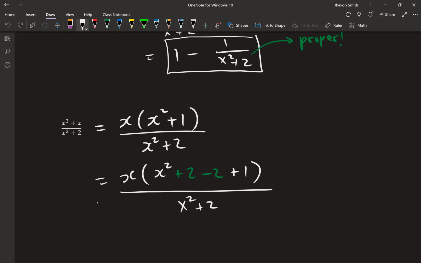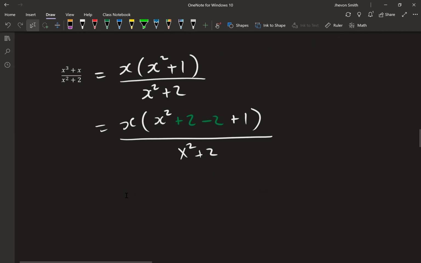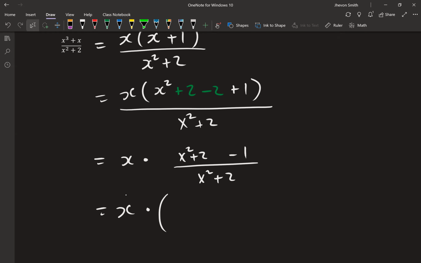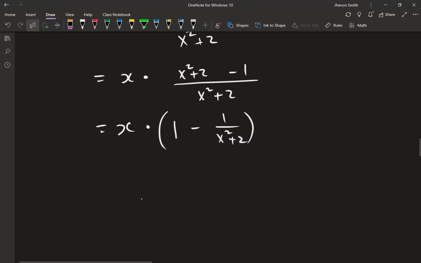So now I got the denominator in the numerator. So this tells me that this is actually x times x squared plus 2 minus 1 over x squared plus 2. This is x times 1 minus 1 over x squared plus 2. And this just becomes now x minus x over x squared plus 2.